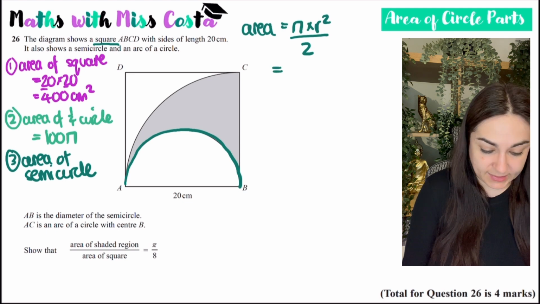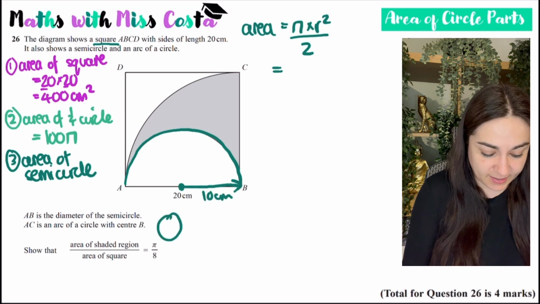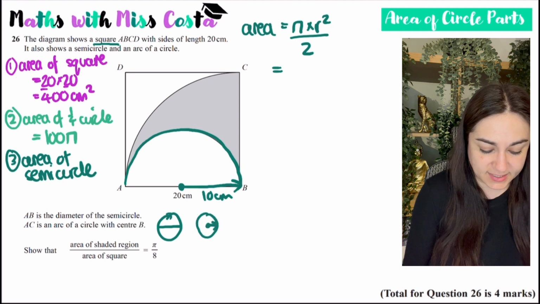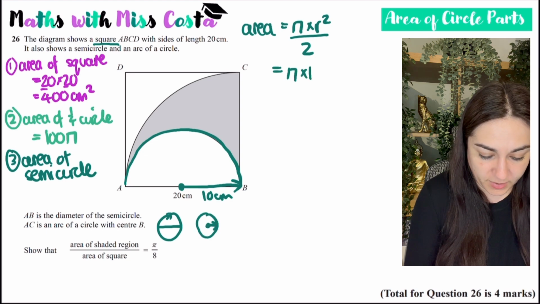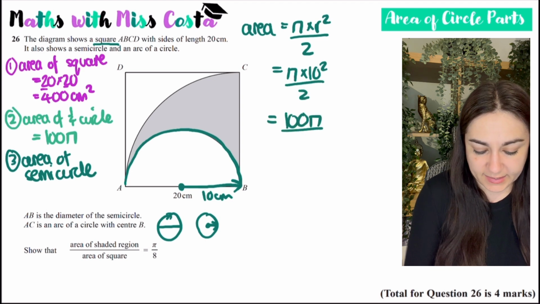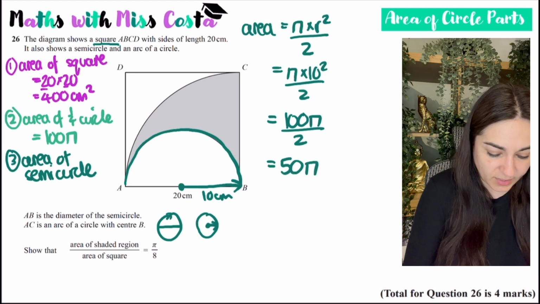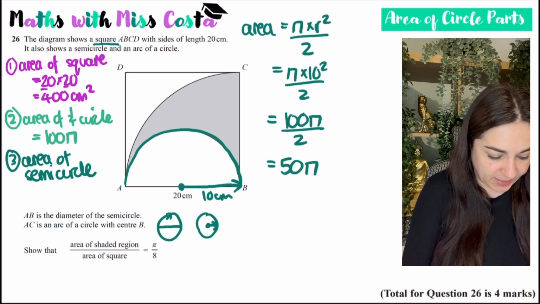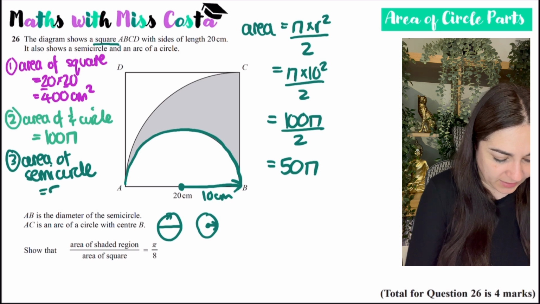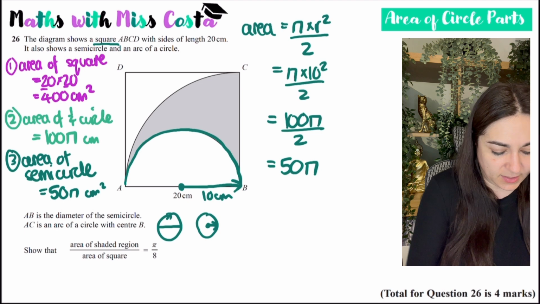So the radius, if the diameter is 10, the radius is going to be 10 centimeters because the diameter is from one side to the other, whereas the radius is from the center to the outside. So pi times 10 squared divided by 2, 10 squared is 100. So that would be 100 pi divided by 2, which is 50 pi. So the area of the semicircle is going to be 50 pi, and these are all centimeters squared, but I'm just not writing them in.